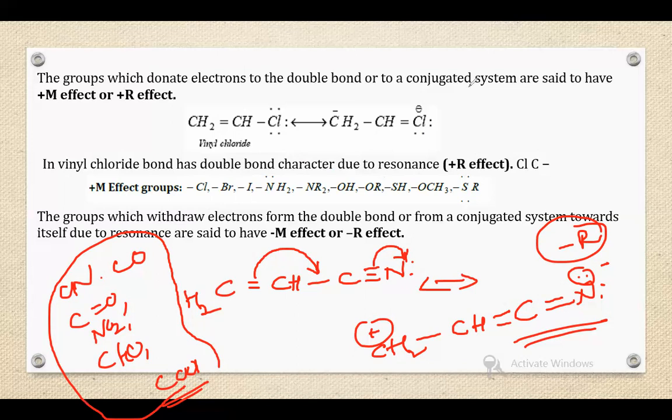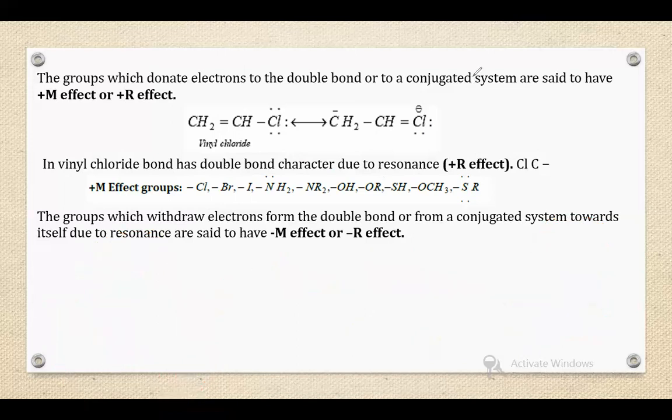For this also, I'll write one compound, C6H5NO2, nitrobenzene. So take nitrobenzene as an example. This is the NO2 group. In nitrobenzene we have nitrogen and oxygen. I'll write NO2 separately because it is an electron withdrawing group, not an electron donating group.